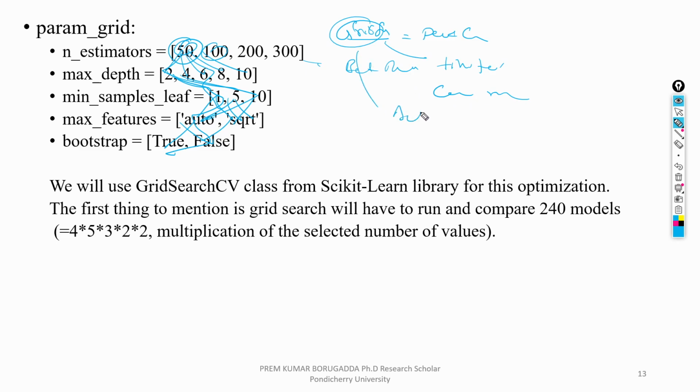It will give the best combination of parameters compared to random search. Random search only randomly picks some of the values and takes the combination to feed to the model. But grid search takes each and every value of the parameters, like a permutation and combination, and gives all possible combinations to the model. That's why grid search is time-consuming and consumes more resources.